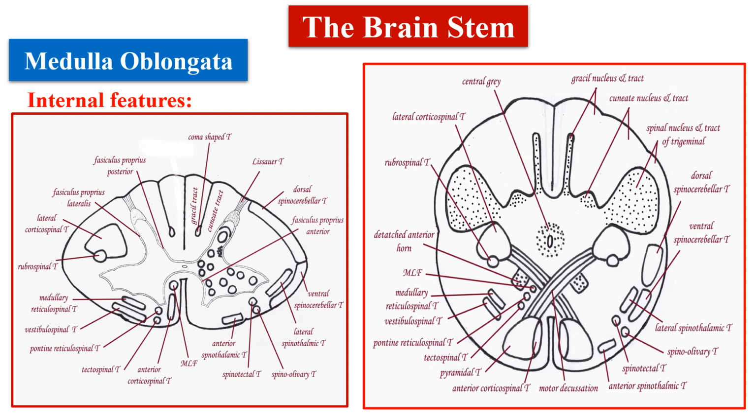What others? Here we can see the lateral corticospinal and rubrospinal tracts making the motor decussation, which passes to go to the pyramidal tract on the anterior aspect of the brainstem or medulla oblongata especially.